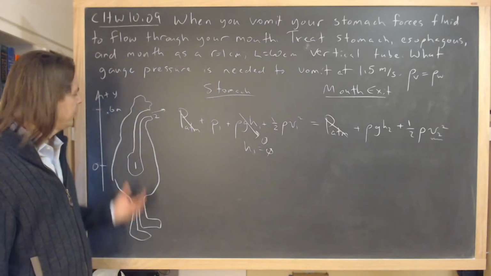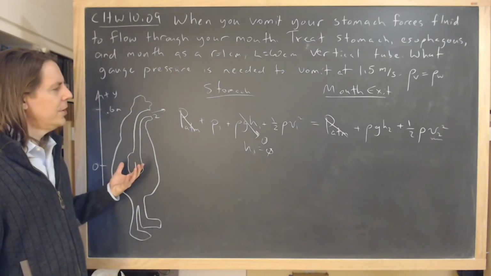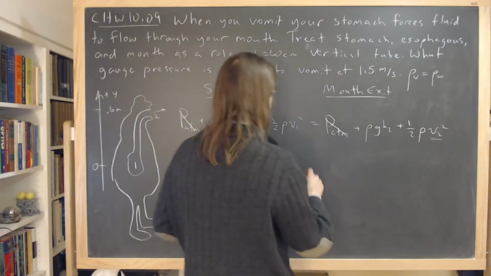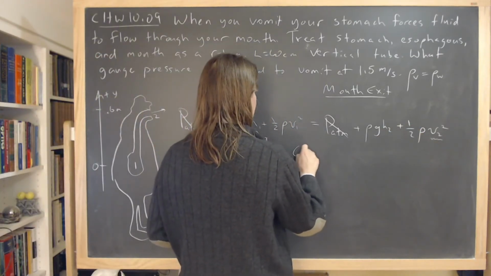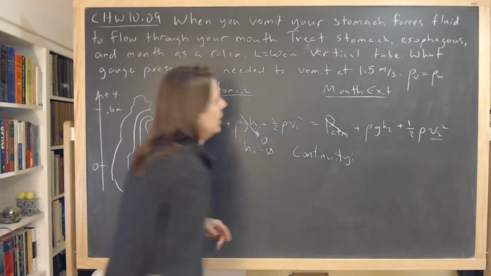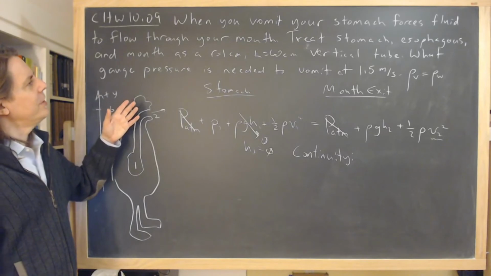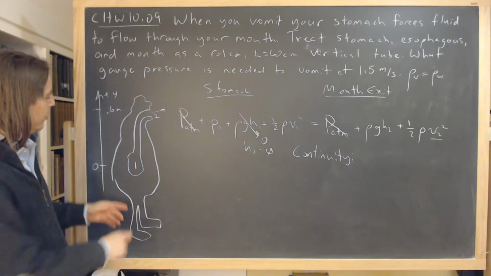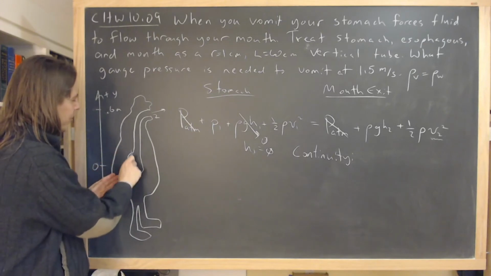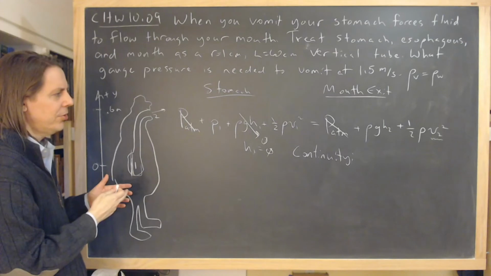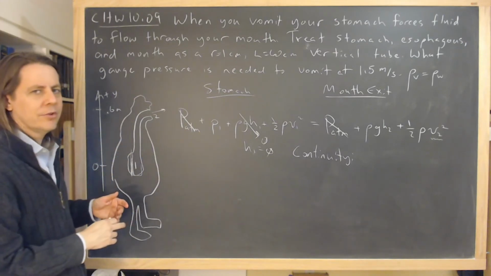So what are we going to use for the velocity in the stomach? Well, we're actually going to use continuity. Typically that's what you use when you're missing a velocity. But what does continuity tell us this time? In this problem, it said treat it as a single tube with a single radius. So if we're really pretending that the stomach is a tube that has the same radius all the way through the esophagus and out the mouth, then the cross-sectional areas are the same.